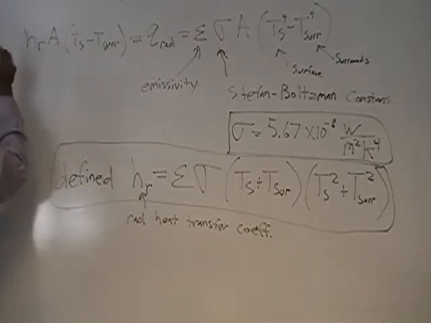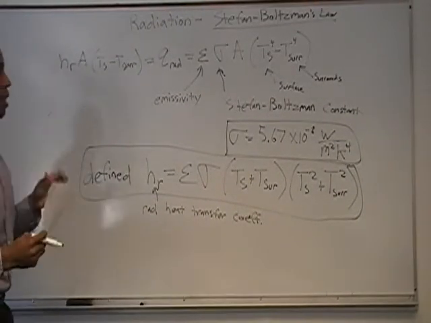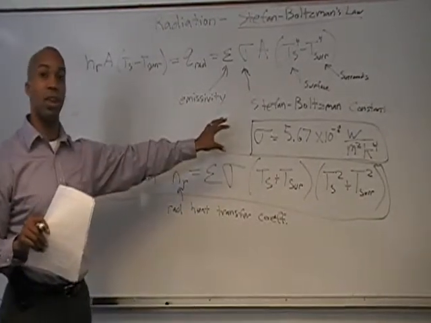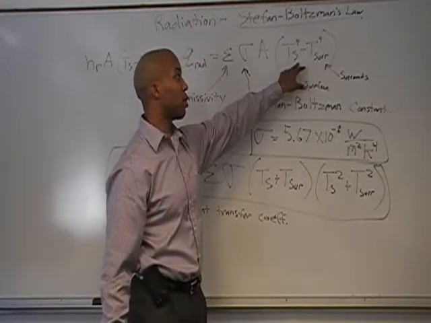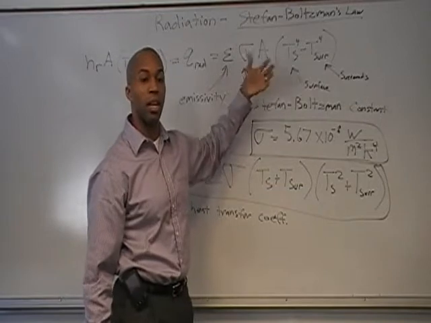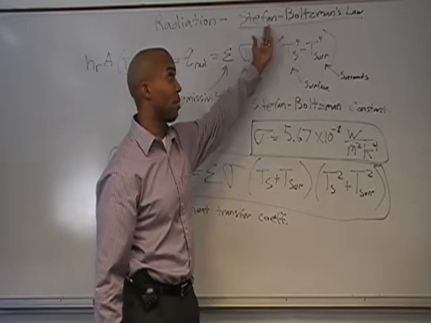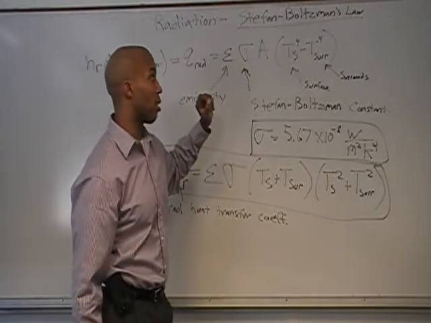Working backwards here on the board, this is what we get now. One of the differences, the main difference between radiative heat transfer and conduction and convection, is that in radiation you have these temperature to the fourth power terms showing up. And that comes from a lot of work done by Stefan and Boltzmann and Planck. That's why Stefan and Boltzmann, their name is on the constant that's important here.